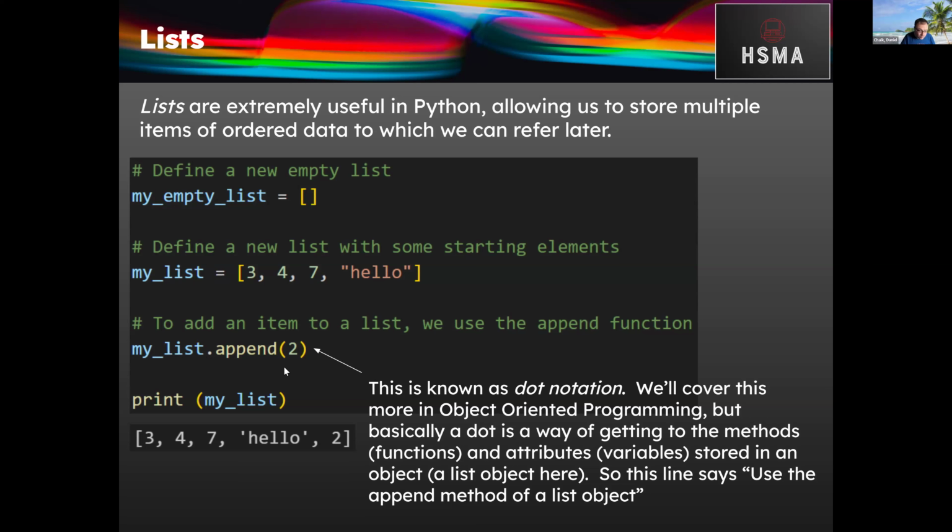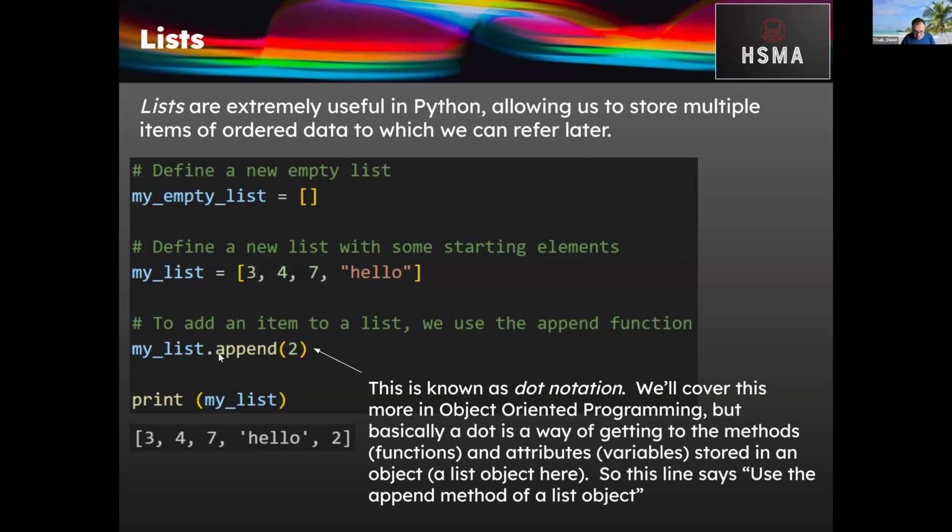So what we're doing here is accessing the append method of the list class, on our particular instance of the list class, myList. We've created a list, we've called it myList, and because a list is an object, I want to use the append method of my list object. And this method will allow us to add an item to the list.